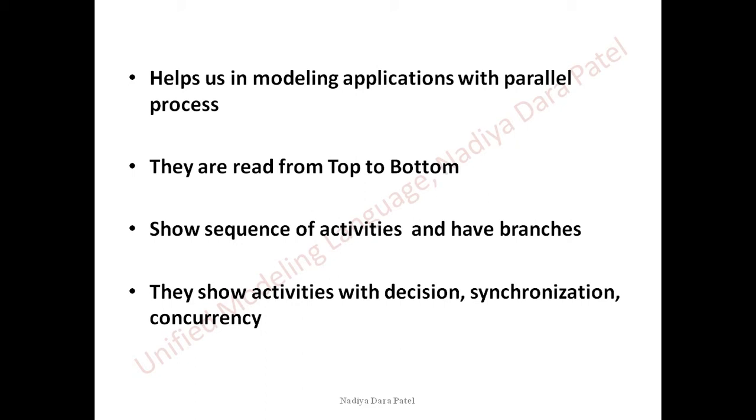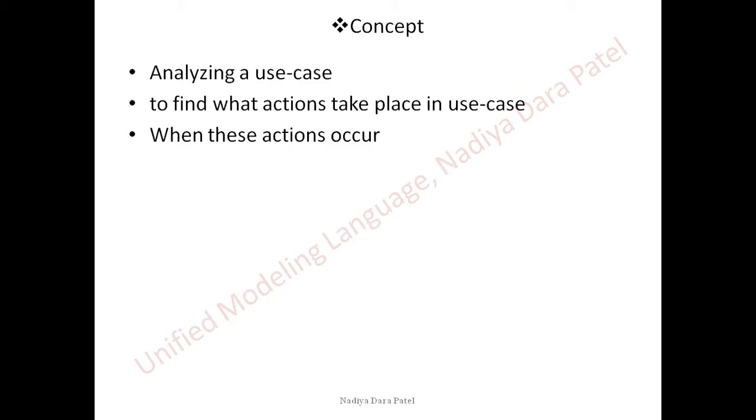And what synchronization is going to take place. Synchronization is the simultaneous working of different activities, and concurrency is what concurrent activities are coming and you are going to perform them.